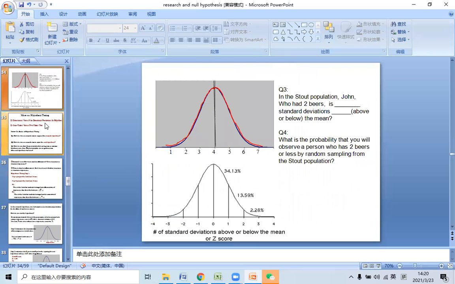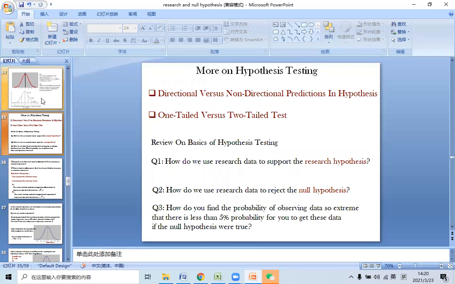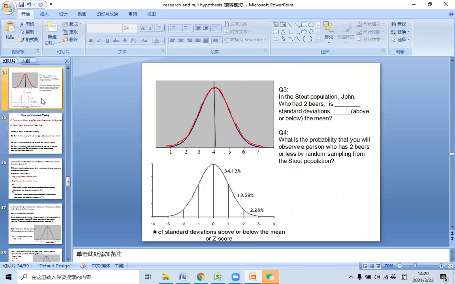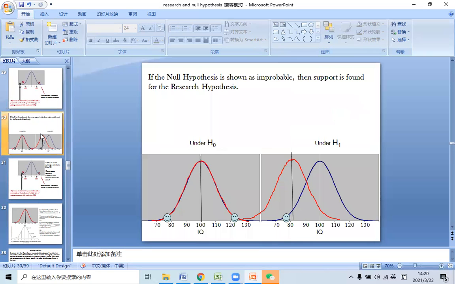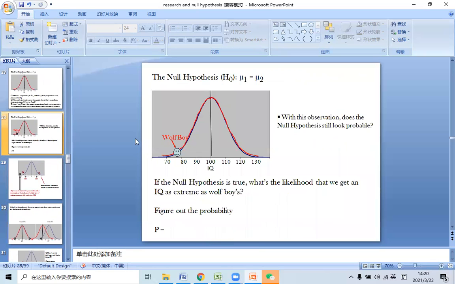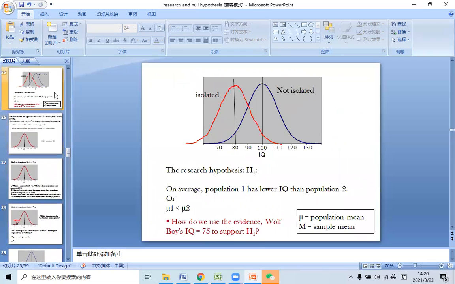For hypothesis testing, you can make a directional prediction or a non-directional prediction. In the IQ example, we made a directional prediction. Our prediction is that one population, the isolated kids, will be lower. The direction is that isolated kids have a lower IQ than the not isolated kids.